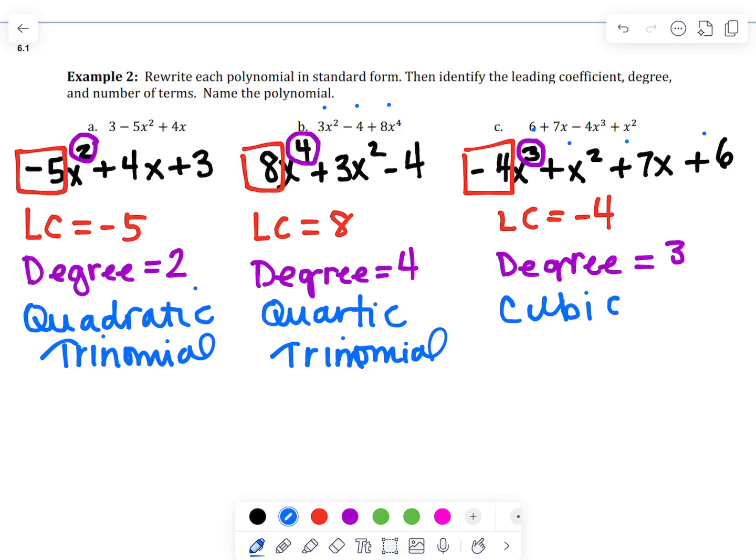So it is a cubic polynomial. I'm not going to have enough room there. With 4 terms.